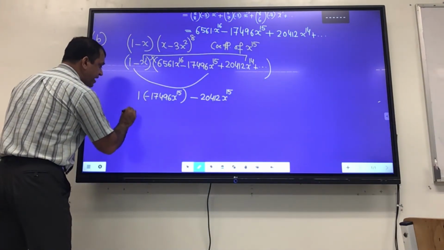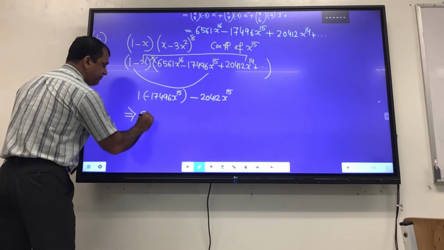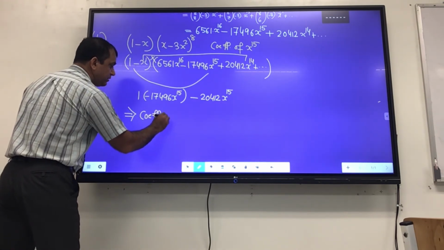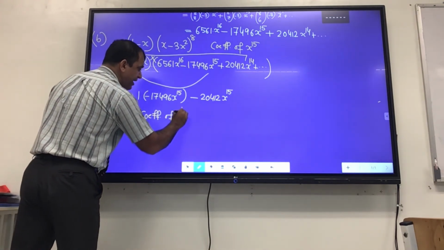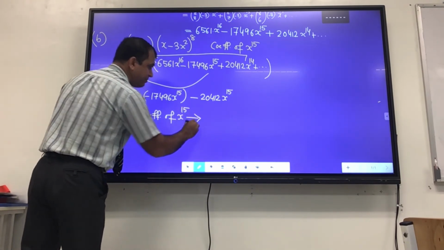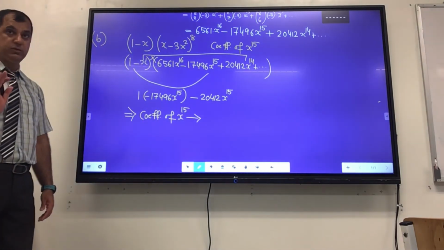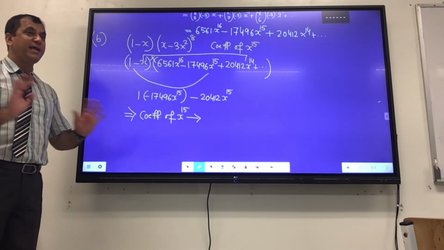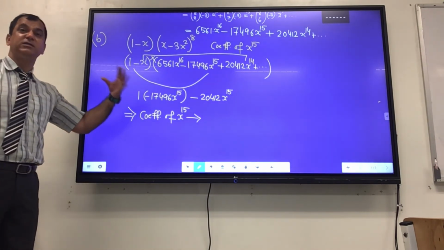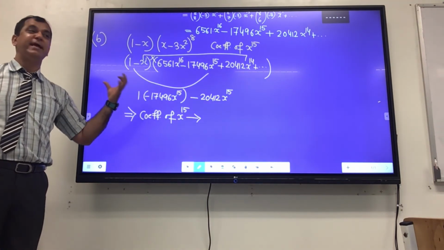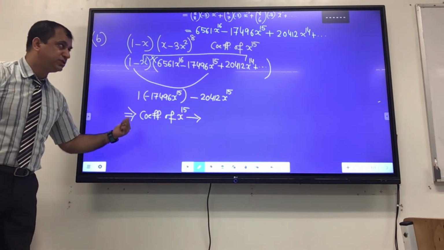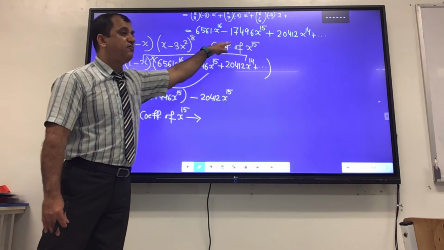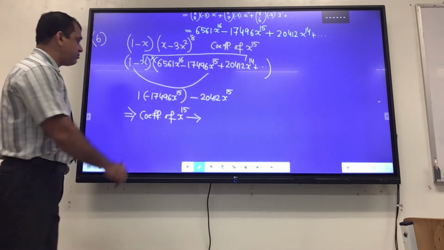I need to find the coefficient of x power 15, so I need only a number, a scalar, not x power 15. If you say find the term with x power 15, I must write x power 15 also. But the question is to find the coefficient of x power 15. So write this one now.